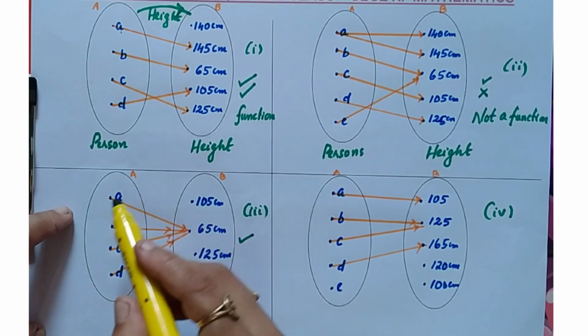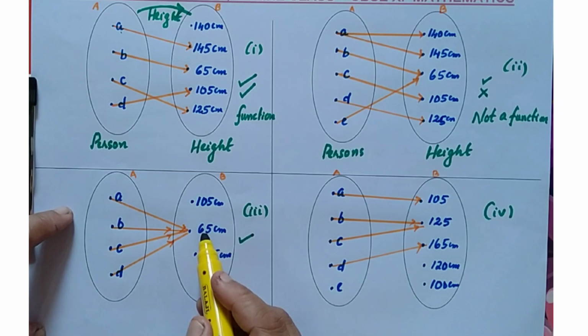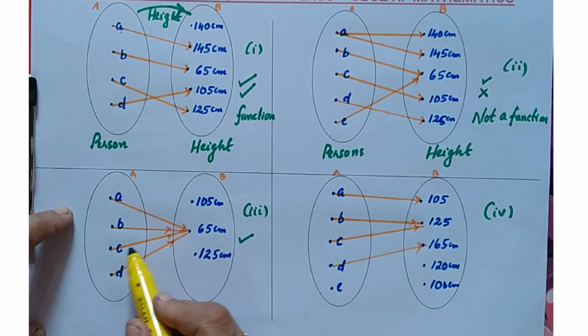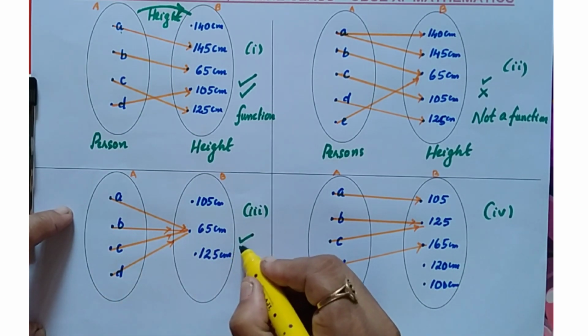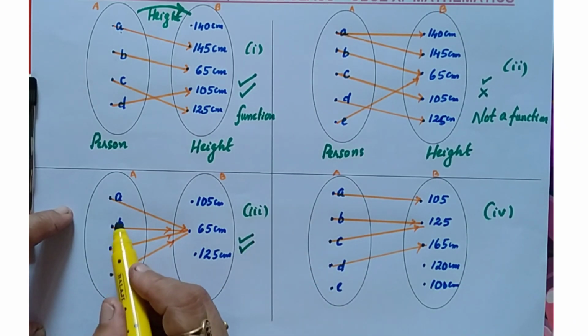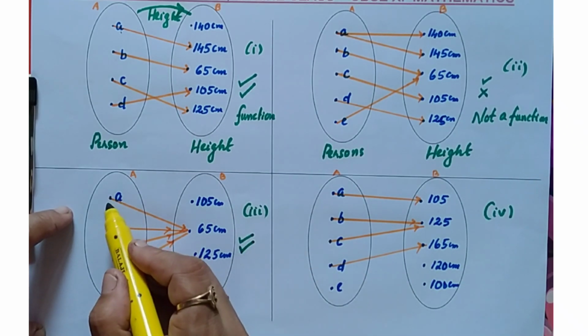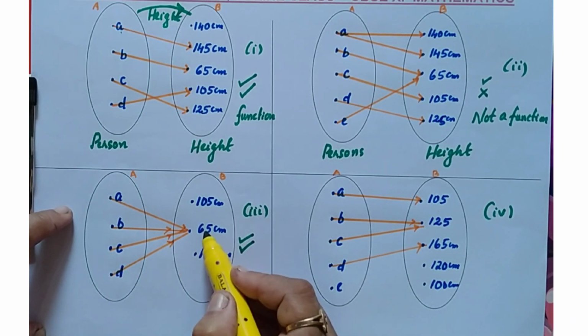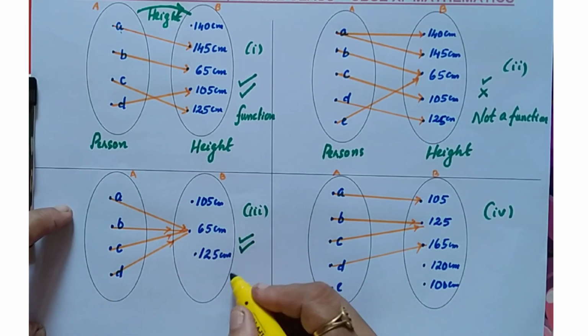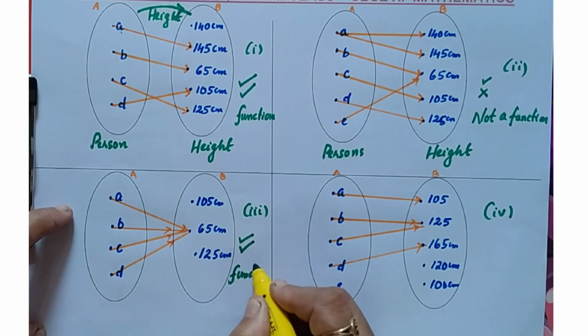That is also correct. A has only one connection, 65 centimeters, B has only one connection, 65 centimeters, C has one connection, 65 centimeters, and D also has one connection, 65 centimeters. So the second condition is also satisfied. This means that all the persons A, B, C and D have the same height. That is possible or meaningful, hence this represents a function.